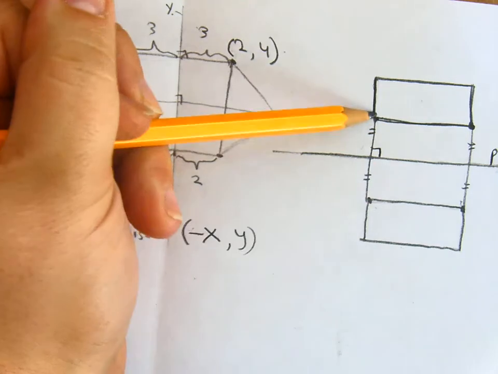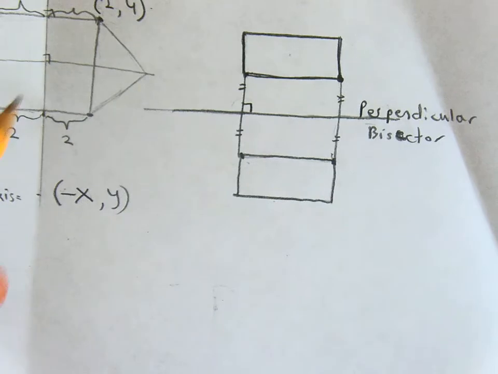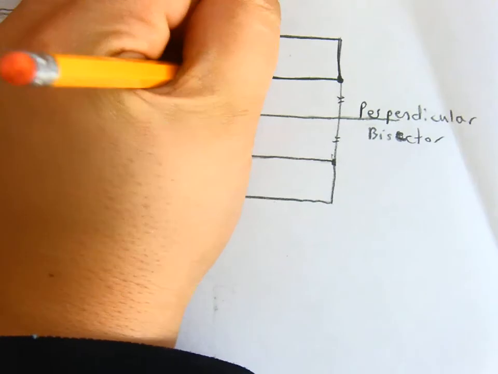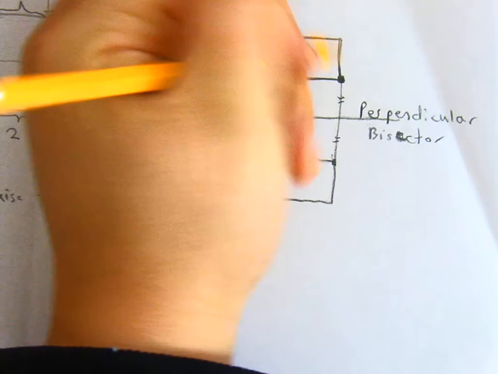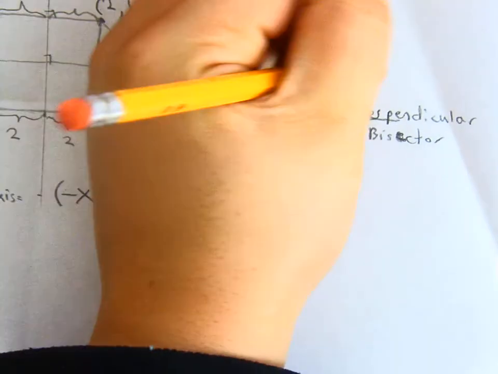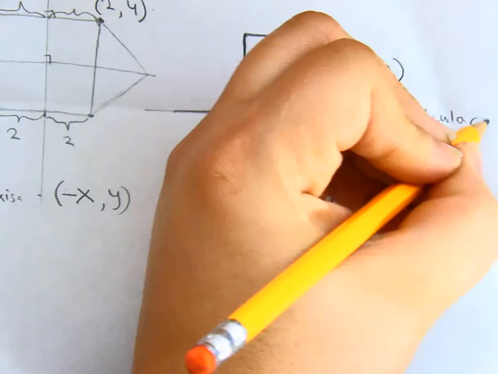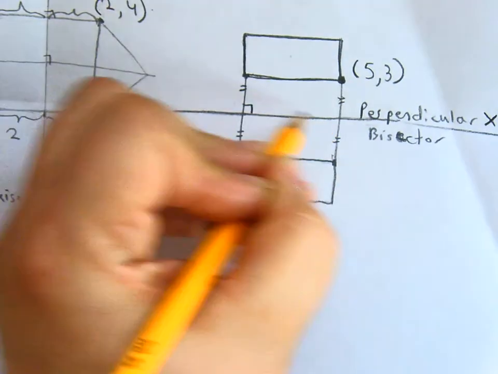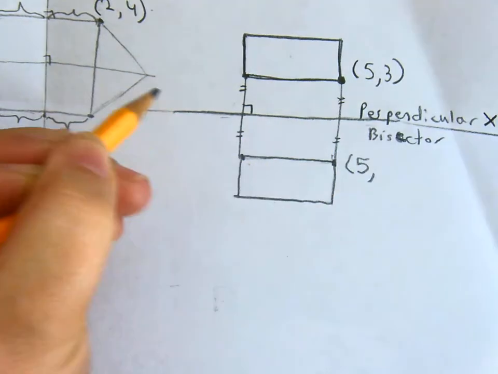Okay. Over here, I had a reflection across the x-axis. So if this point here, we'll just do this one over here, sure. This point over here happened to be, let's say, 5, 3, and I reflected it across the x, my distance over is still going to be the same, and go ahead and write these down.